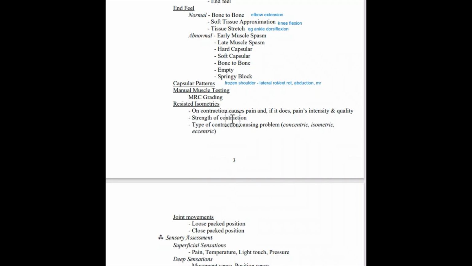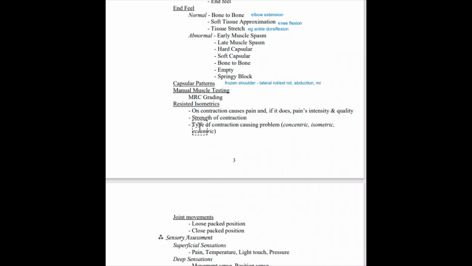You have to see if contraction causes pain, and if it does, what the pain intensity and quality are. You will perform resisted isometrics on the affected area, and if there is pain on the contraction, you mention that pain is present, and its intensity and quality.